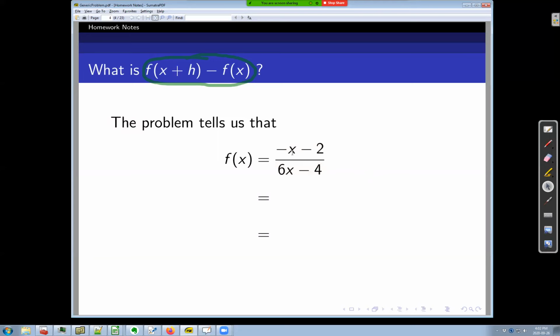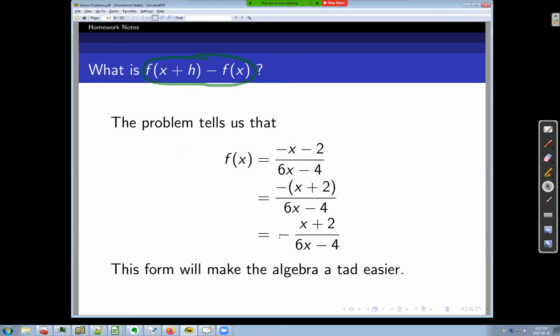I'm going to do a little bit of algebra to simplify this. I notice I have a negative that I could factor out of the numerator, and then I can just factor that negative sign completely out.